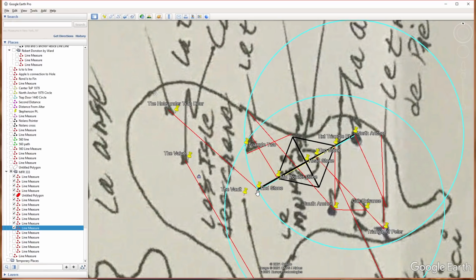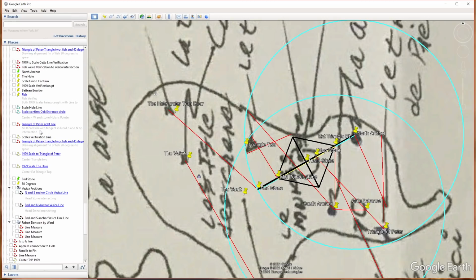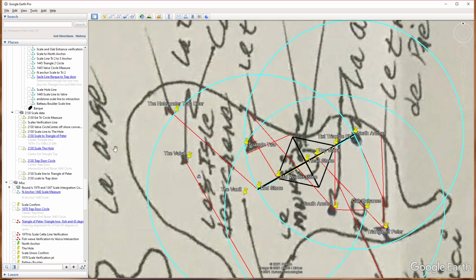That's where, if you remember, its emanation point was from the end stone. You had that up there, didn't we? Remember, so that's the center of the end stone right there. So that's associated with that little.